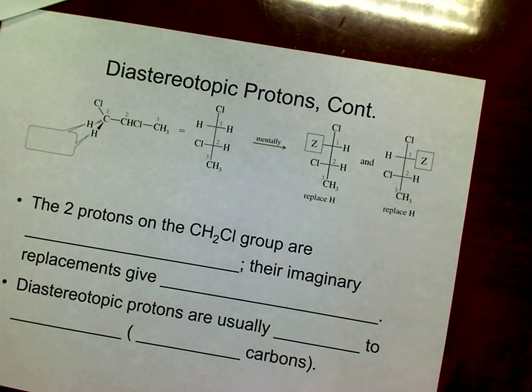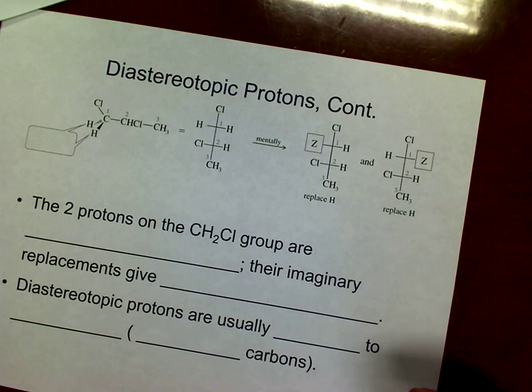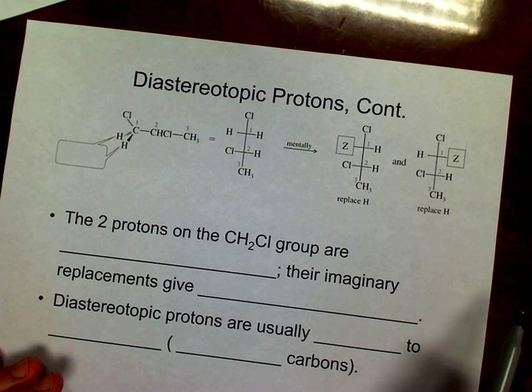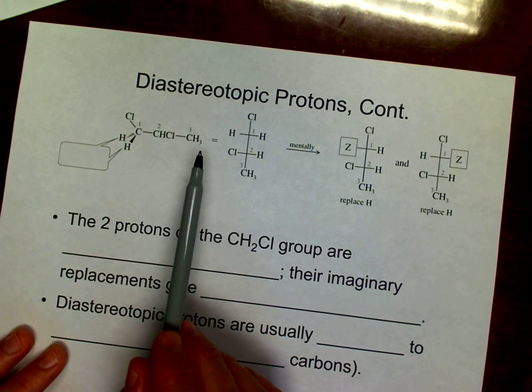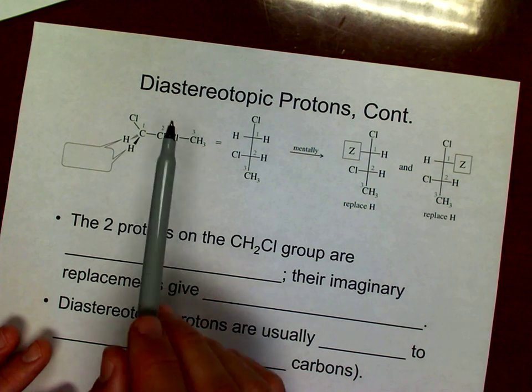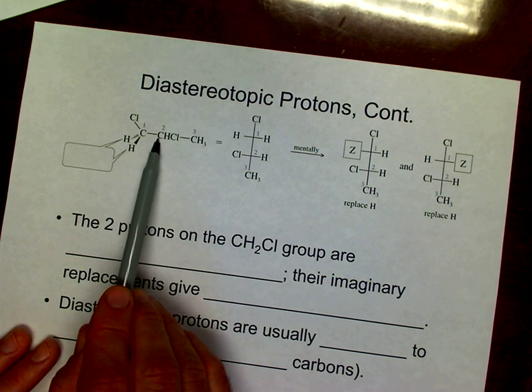Okay, so the last two slides. This diastereotopic protons scenario also plays out for positions adjacent to a chiral center. If you notice, this carbon right here is a chiral center.